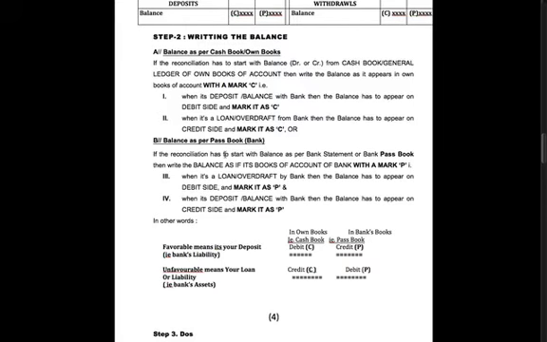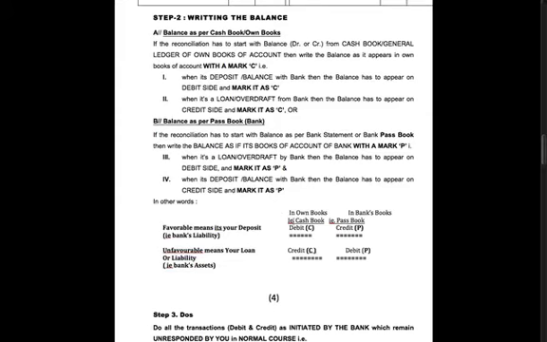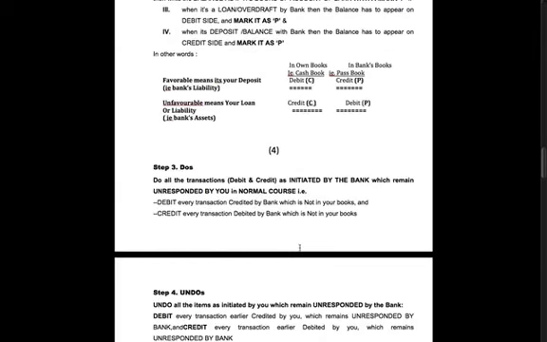You can go through it and take a screenshot: the deposit balance with the bank has to appear on the debit side and be marked as C, since this is from your own books. The second situation is the passbook: if there is a loan or overdraft, it will be written on the debit side because it is the bank's books of account. I have explained the same thing in a tabulation also, so you can go through and understand.